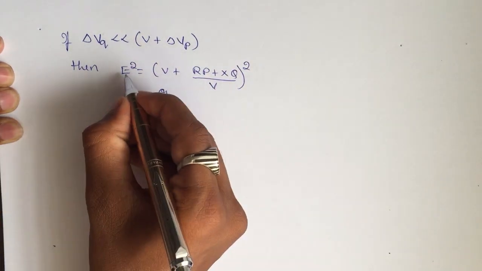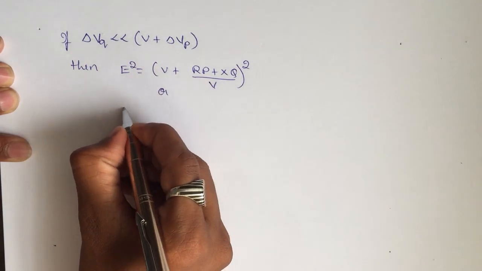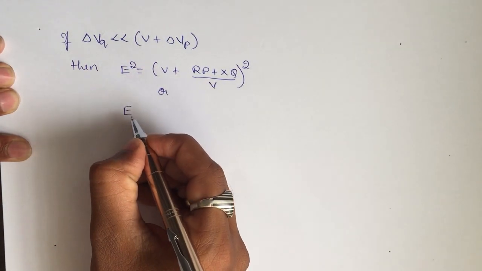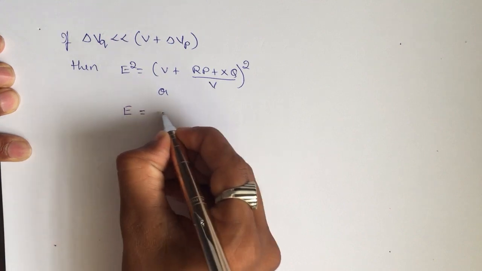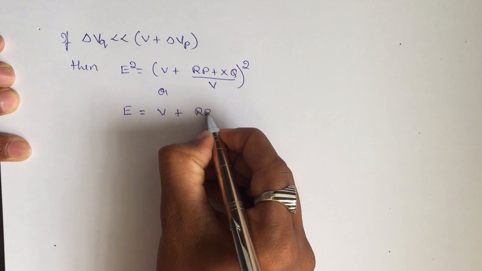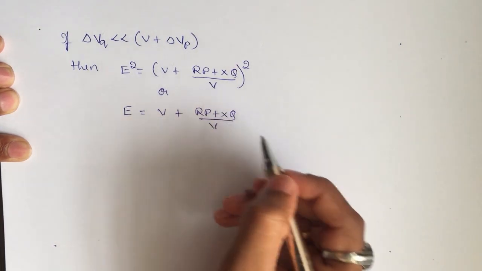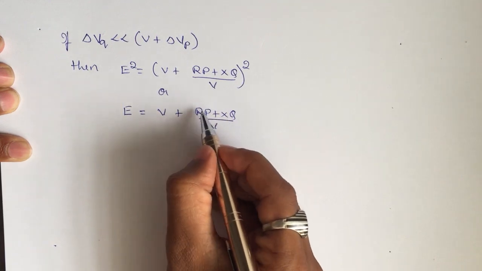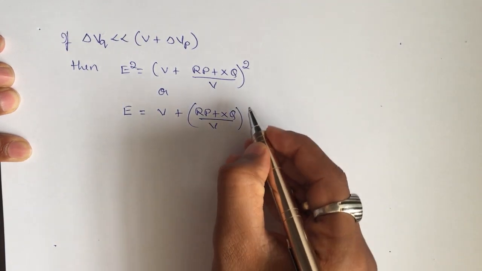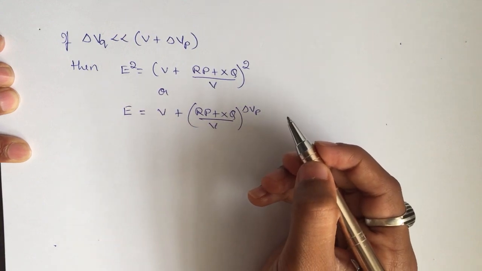Or if we take a square root on both sides, it leads to E is equal to V plus RP plus XQ divided by V, where RP plus XQ divided by V we mark as delta VP.